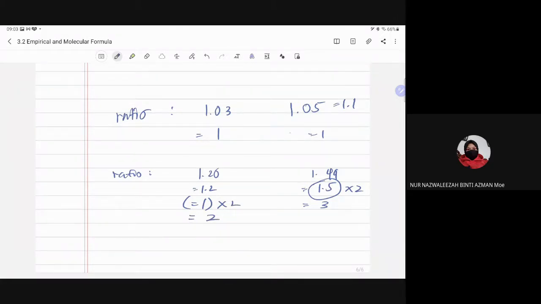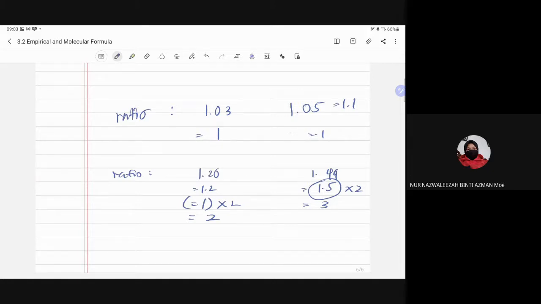Jelas tak? Nampak tak dia punya rule? Kenapa kena ambil 2 dulu, kemudian kita cuba bundarkan kepada next decimal point, kemudian kita bundarkan kepada whole number. We do it step by step. That would be easier. Jelas? Ada soalan?